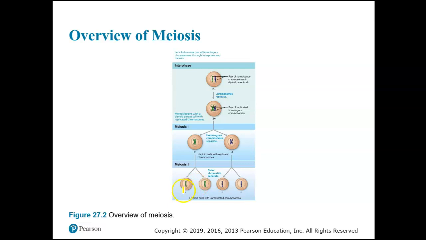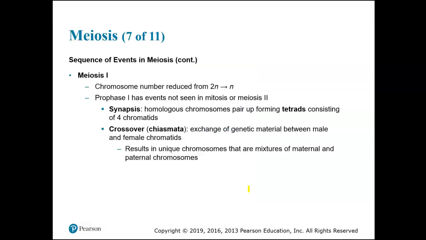After meiosis 2 occurs, you will have 1 chromosome that only has a single chromatid. So the parent cell is diploid, and the daughter cells that form are all haploid. There are 4 daughter cells that are produced, and they're all haploid.